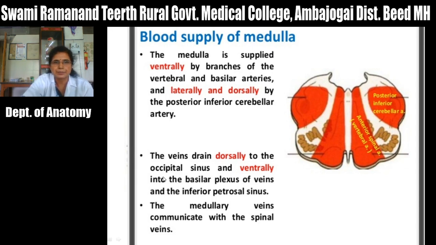For venous drainage, veins arising from the dorsal aspect mainly drain into the occipital sinus, and veins arising from the ventral aspect terminate in the basilar plexus of veins and the inferior petrosal sinus. This is the blood supply of the medulla: the median part is supplied by the anterior spinal artery, and the posterolateral or dorsolateral part is supplied by the posterior inferior cerebellar artery.